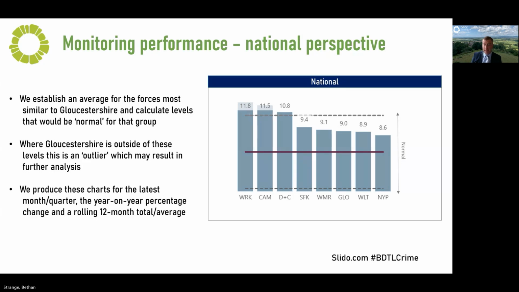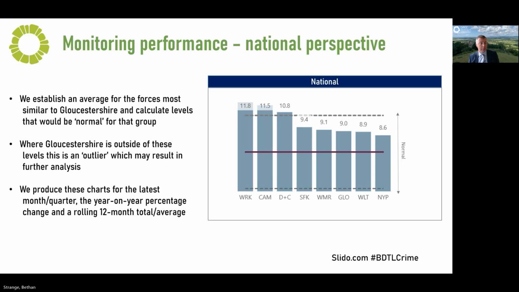This is going to test me now whether I can remember what our most similar group of forces are. On the chart there, you can see Warwickshire, Cambridgeshire, Devon and Cornwall, Suffolk, I'm pretty certain that's West Mercia, Gloucestershire, Wiltshire, and North Yorkshire Police. Now, from what you can see on this chart here, we're roughly in the middle.